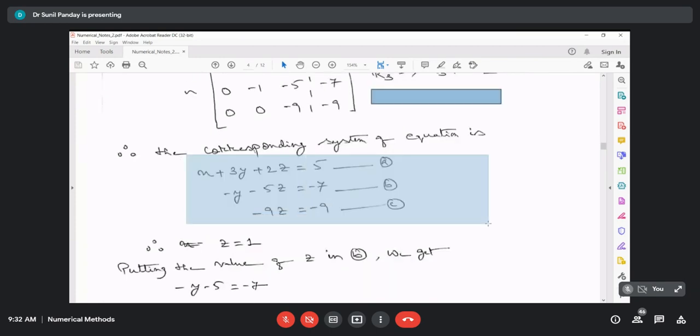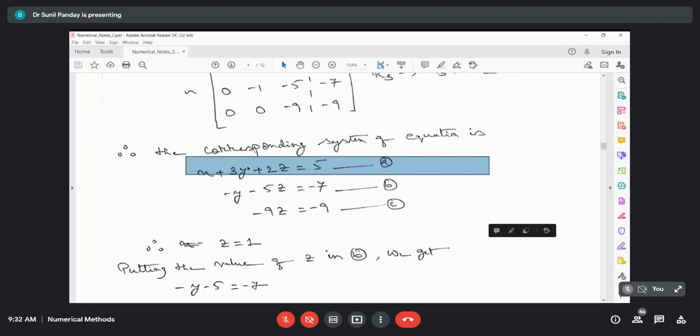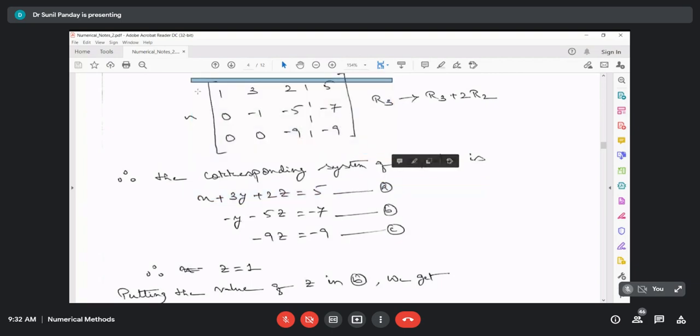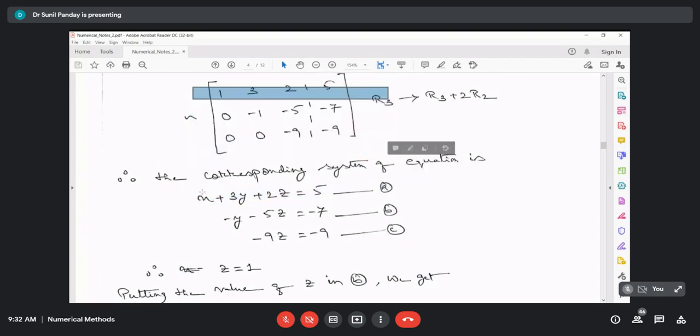If you apply them, then the roles of x, y, and z are interchanged. Like if you apply any column operation, then z and y are interchanged, and that will be a problem.